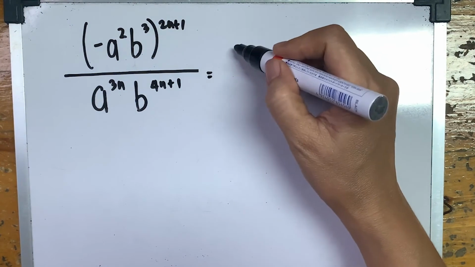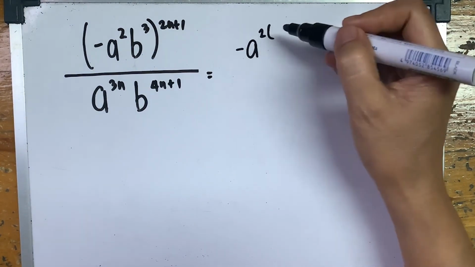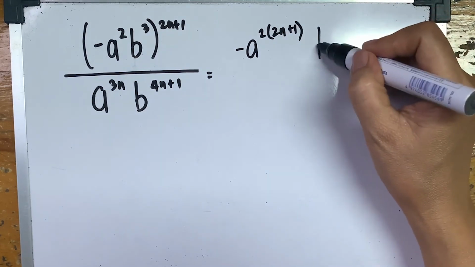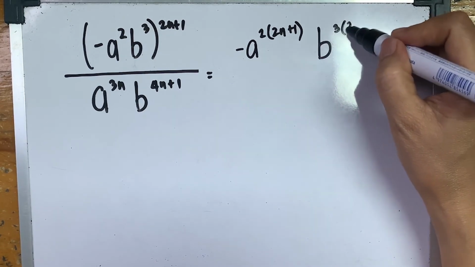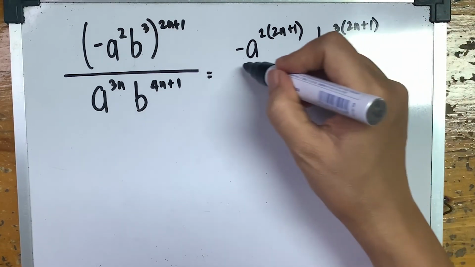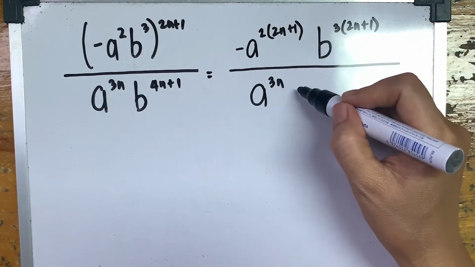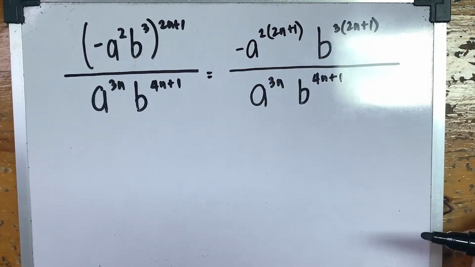So this one will give us negative a raised to 2 multiplied by 2n plus 1. And then b raised to 3 multiplied by 2n plus 1. All over a raised to 3n times b raised to 4n plus 1.